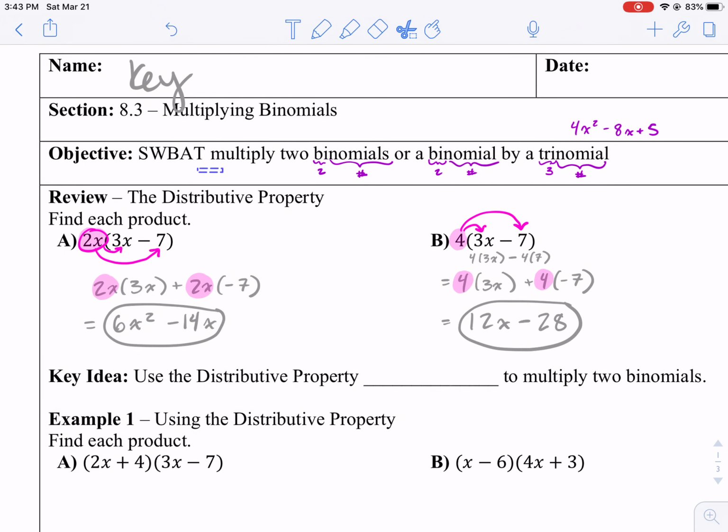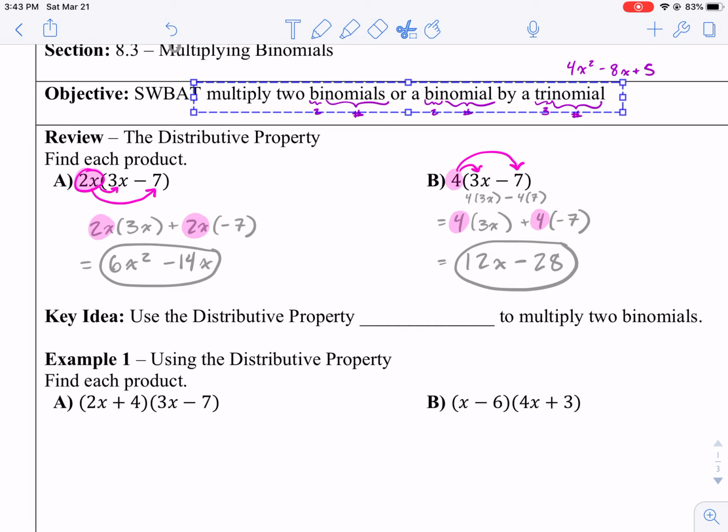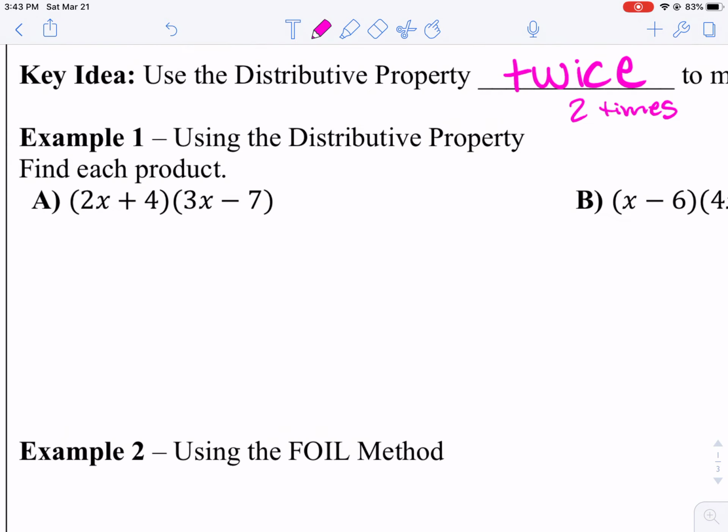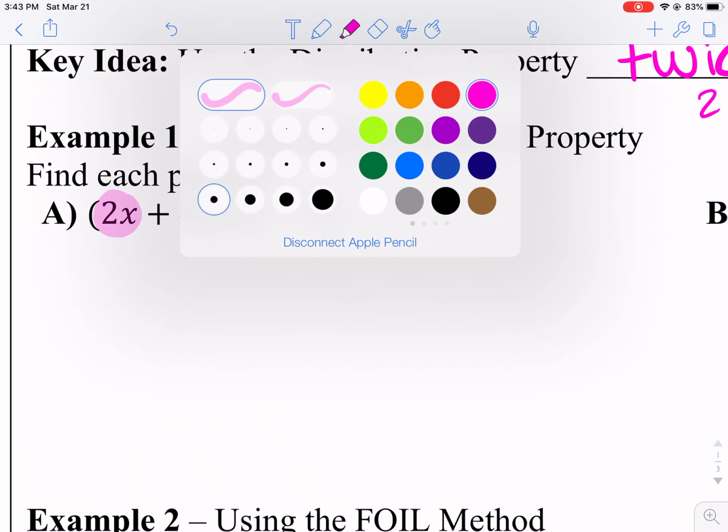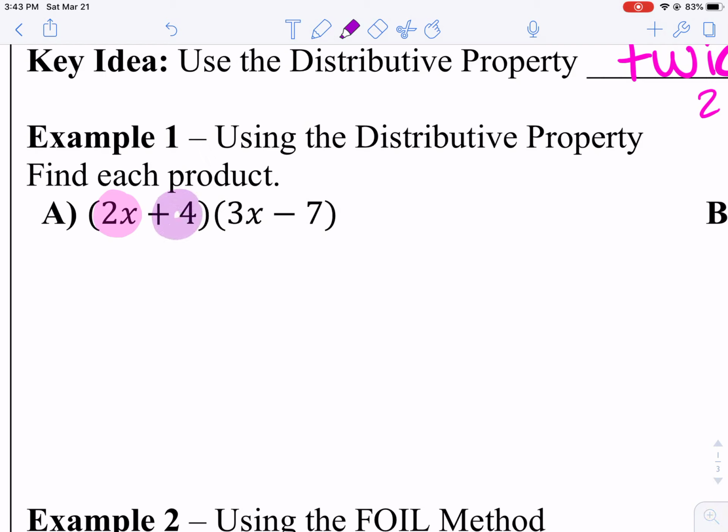Now today, as we multiply two binomials together, we are actually going to use the distributive property, but this time we're going to use it twice. So let's go ahead and do a couple quick examples. For our first one, since we have two binomials, we're going to use the distributive property first to distribute 2x to both of the terms, 3x minus 7, and then we'll use the distributive property again to distribute our 4 to 3x minus 7.